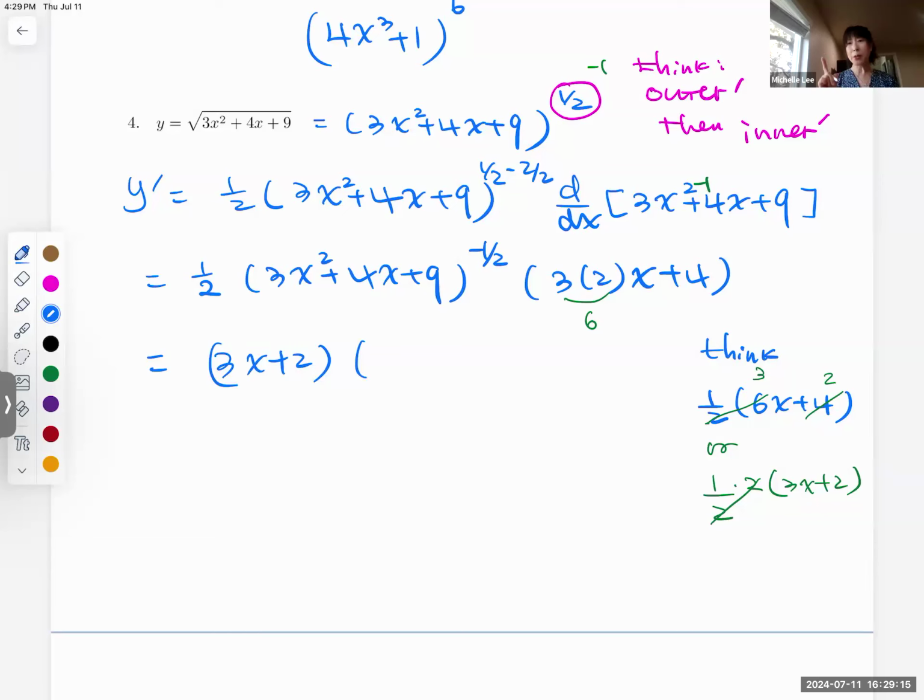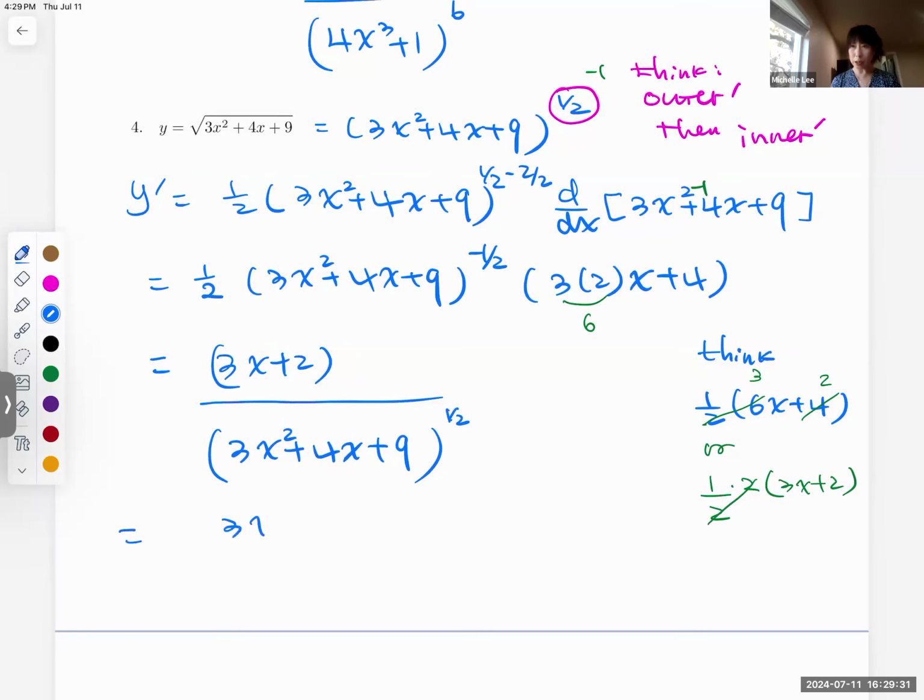And once again, negative power, we can express as a positive over 3x squared plus 4x plus 9 to the 1/2. But 1/2 we can express as a radical. So 3x plus 2 over square root of 3x squared plus 4x plus 9.